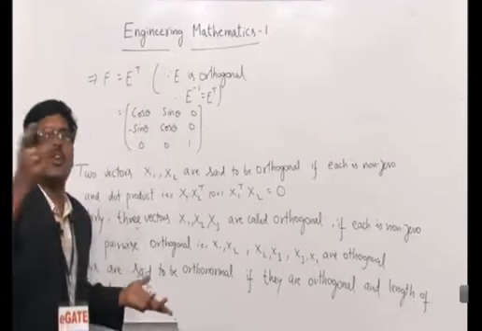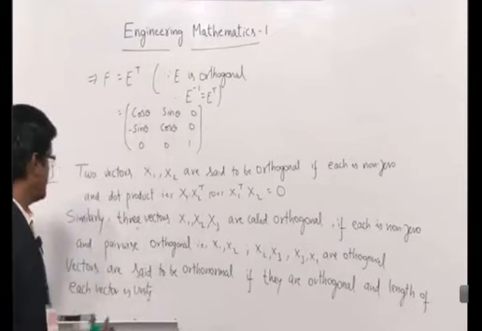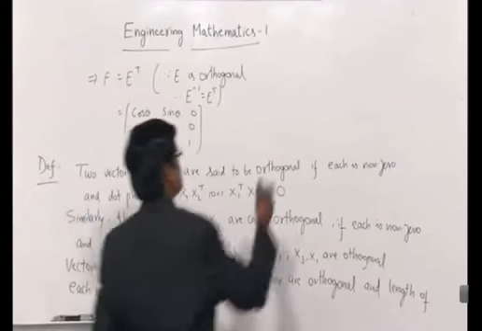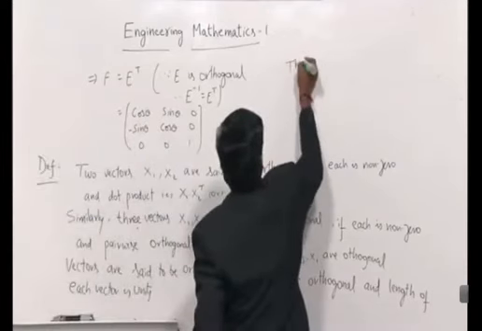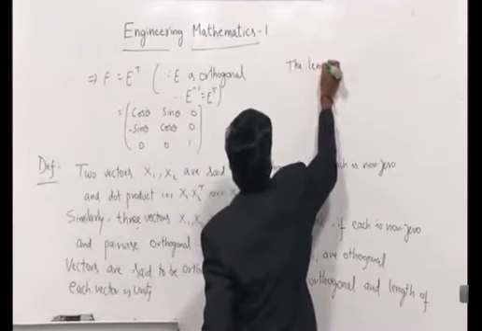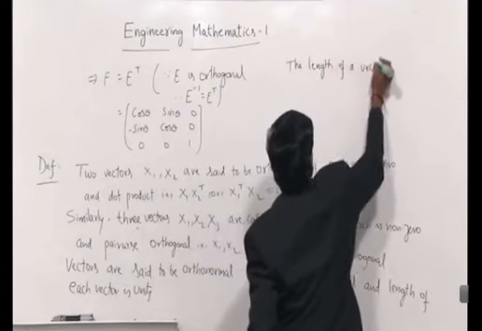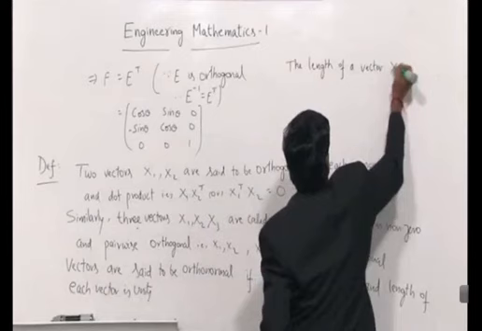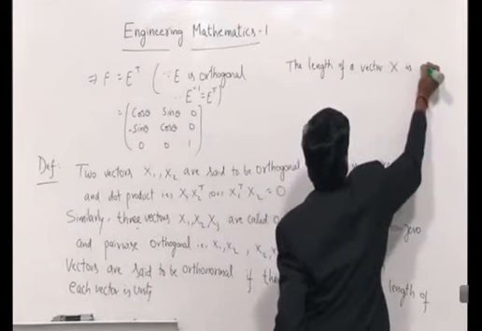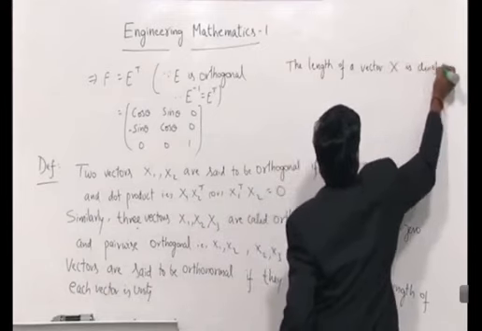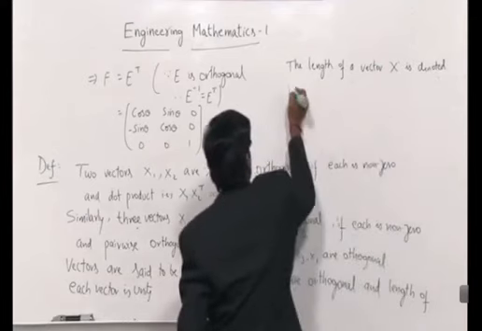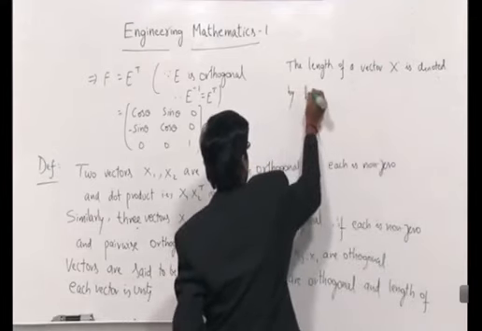And then find the square root. Square root of 1 is 1. Okay. So here I am giving the length of a vector x is denoted by this symbol.